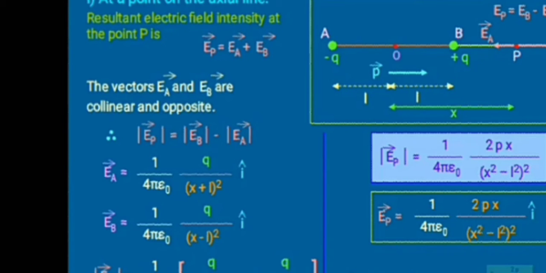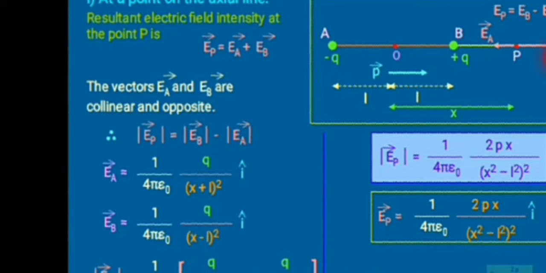Then, as we know, every charge has its field intensity. It will exert a force on other charges. Due to the negative charge, electric field intensity is in the direction towards the negative charge. Suppose this is EA, arrow is towards A, and due to the positive charge, electric field intensity or force is away from the positive charge.